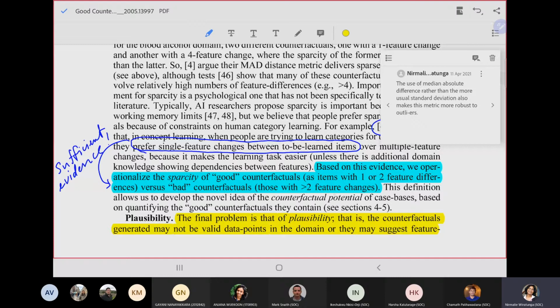So one might say, okay, this is a little bit arbitrary that they have come up with two features, but I guess what they're trying to get at is what is the minimal number of features that need to be different between the two cases before one can be the counterfactual of the other.